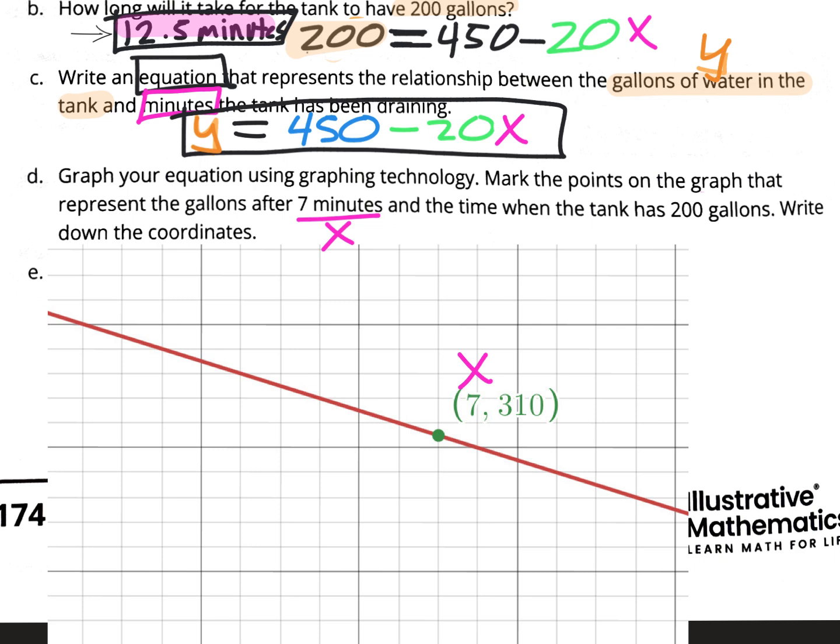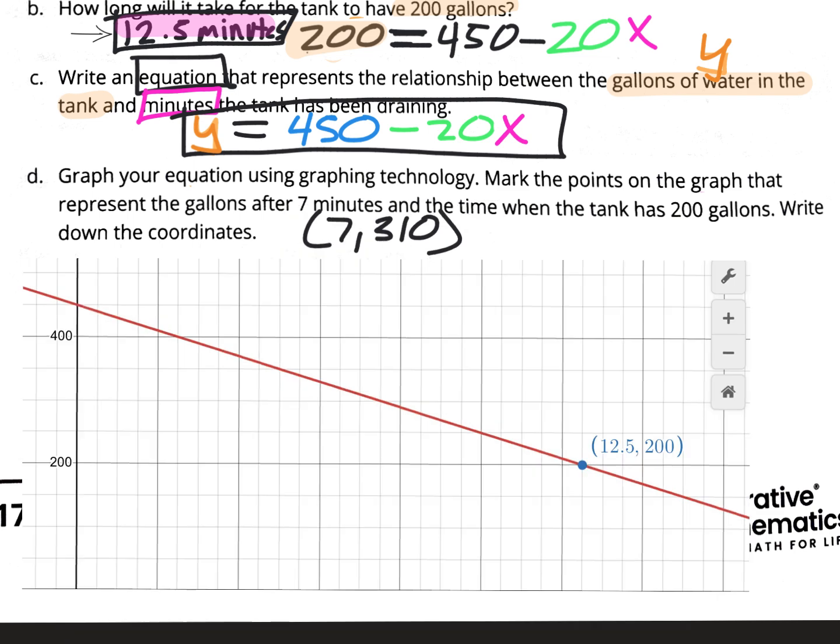And so the amount of gallons is your y. So your answer for the first part here is going to be this ordered pair: at 7 minutes, we have 310 gallons. So you can just use the ordered pair 7 and 310.